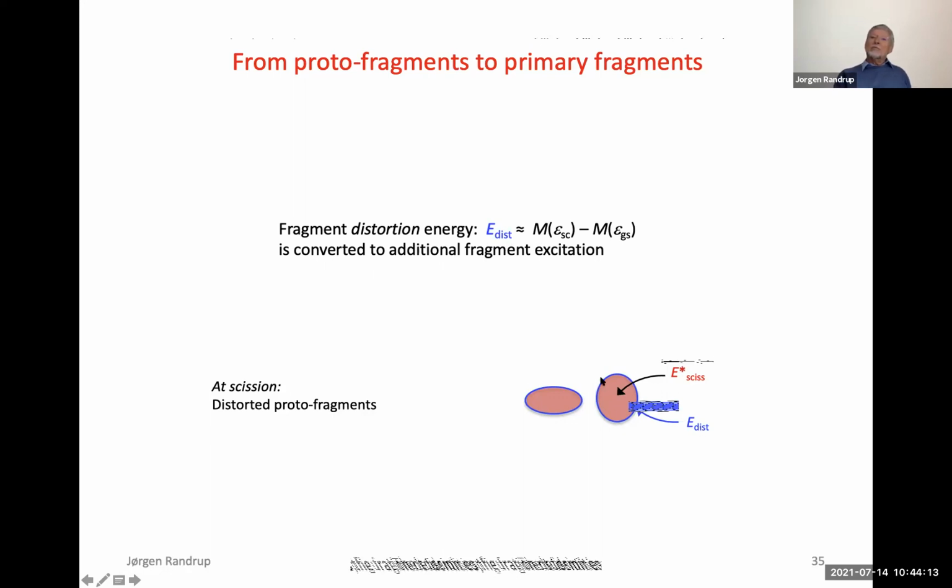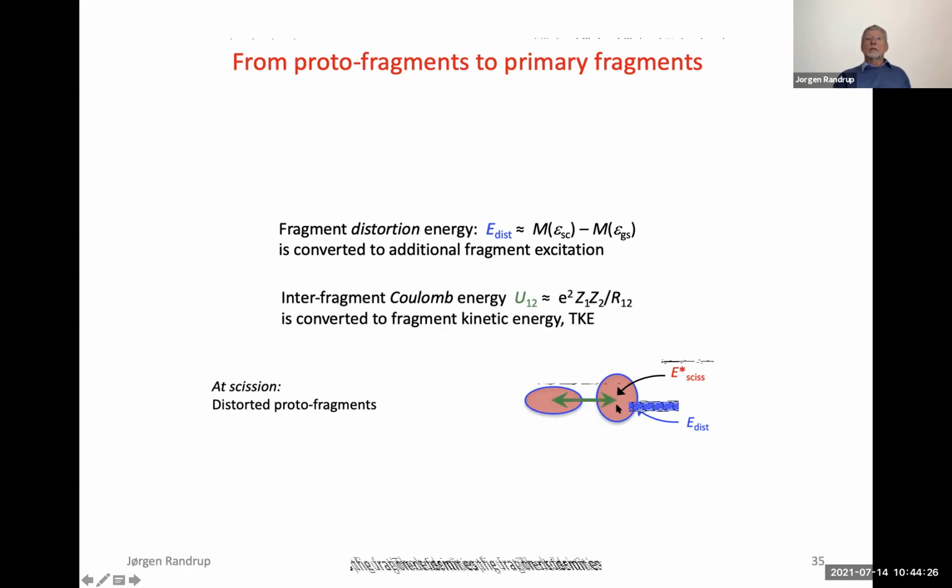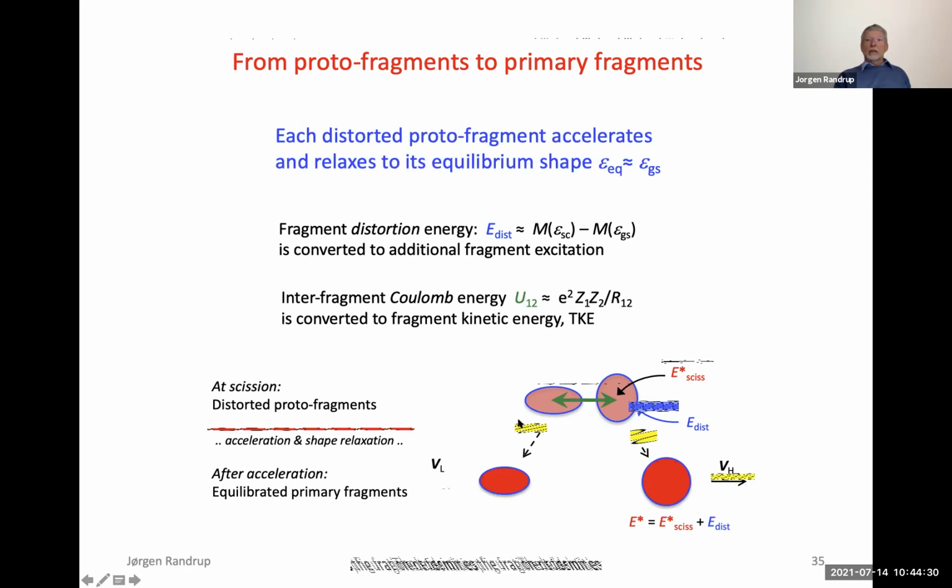So there are these proto-fragments, they have a distortion energy, and then they have some internal statistical excitation energy in red here at scission, okay? And then what happens is they move apart due to the Coulomb repulsion between them, and they are accelerated, so they come out with some velocities which we hardly see, and they go back to their equilibrium shapes.